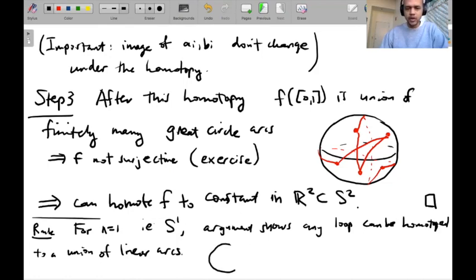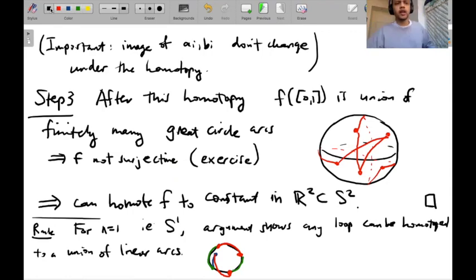So the picture is now you have the circle and up to homotopy, the map does some arc, and then maybe it does some other arc, and then maybe it does some other little arc that goes back another direction, and then it does some other bit of arc, and then maybe it comes back around.